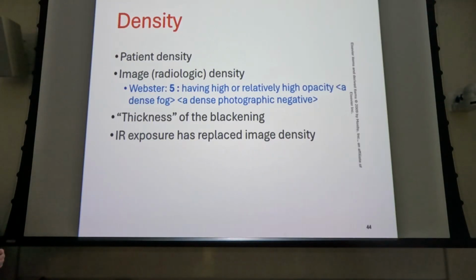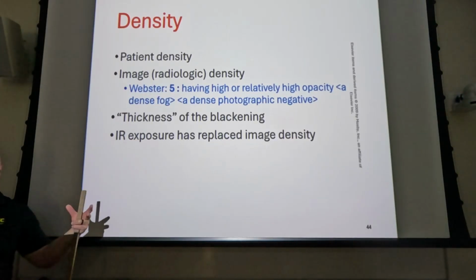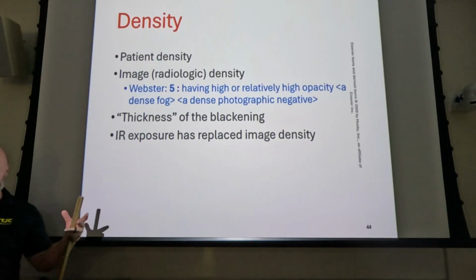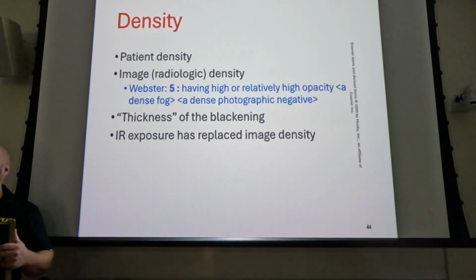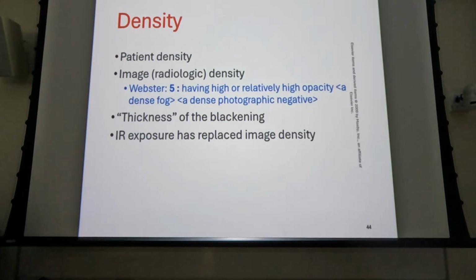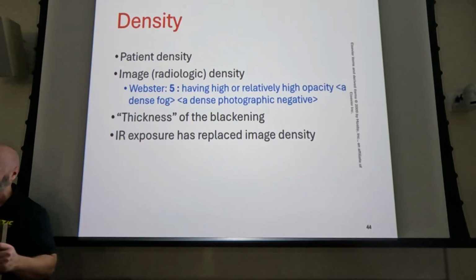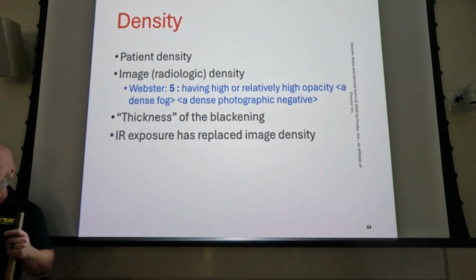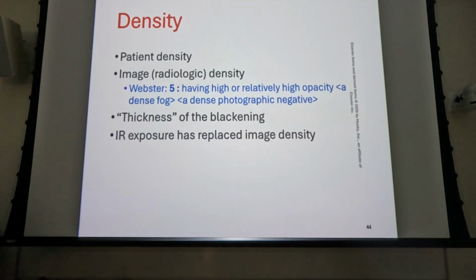Okay, even though the effective atomic number of air is higher, only barely, than soft tissue, because of how dispersed it is, it's still easy to penetrate, so it's not very dense, right? It's not compact enough to absorb all those X-rays. So you have 4 types. You've got air, fat, soft tissue, and bone, right? Those are your 4 tissue types. And that's the order that they're going to go from least to most dense.